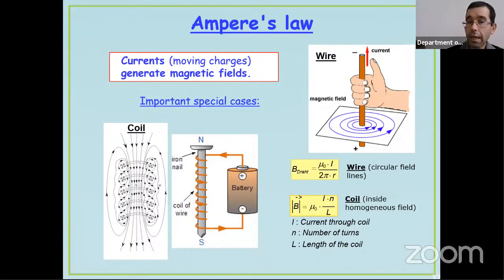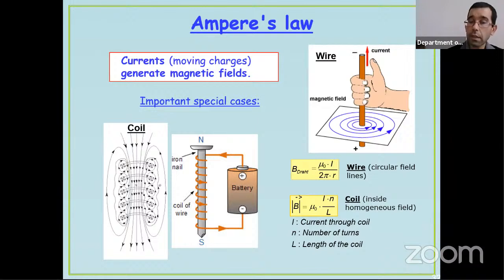If we form a coil from several loops, then we get a homogeneous magnetic field inside the coil. Similarly, the magnetic field is homogeneous inside a bar magnet.